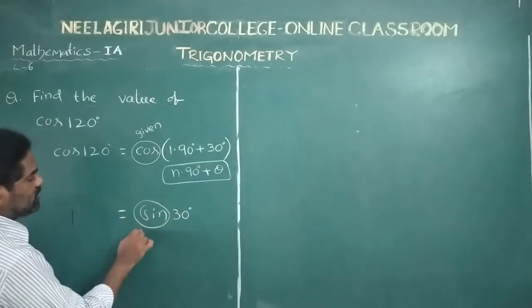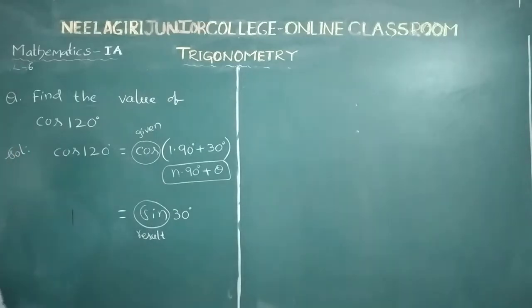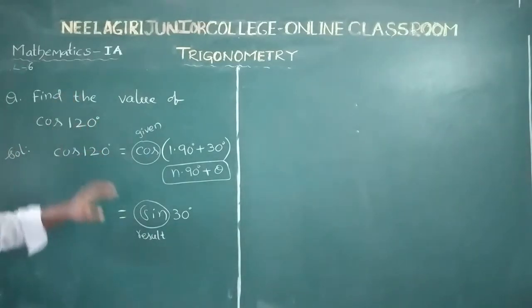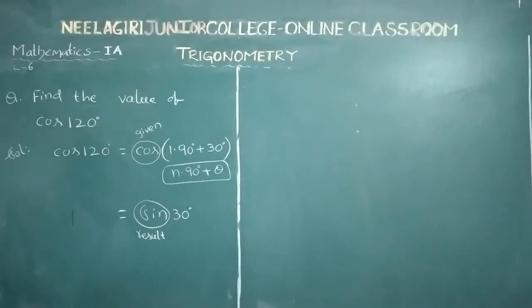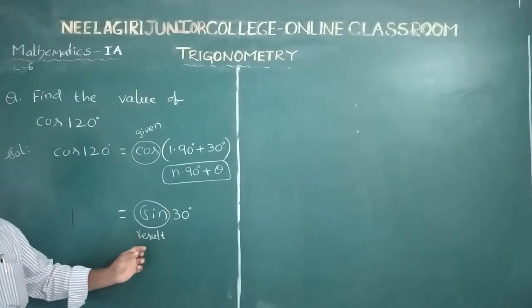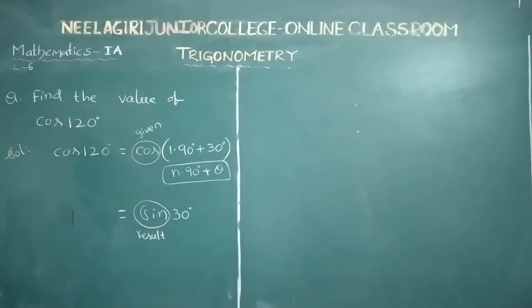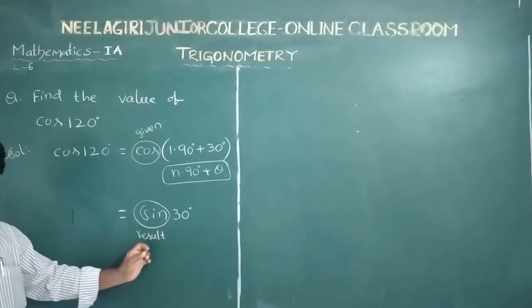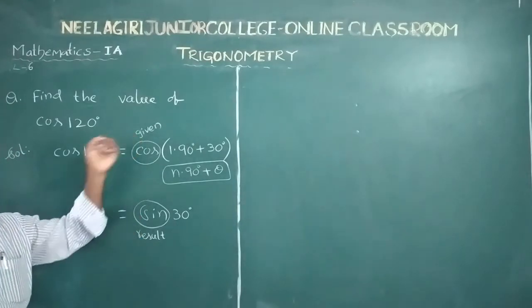This is the result function. Given means the given function, and what we got is the result function. The sign of the resulting function depends on the given function.